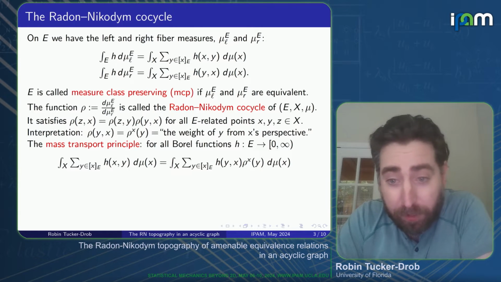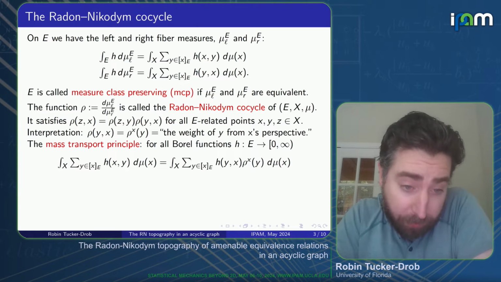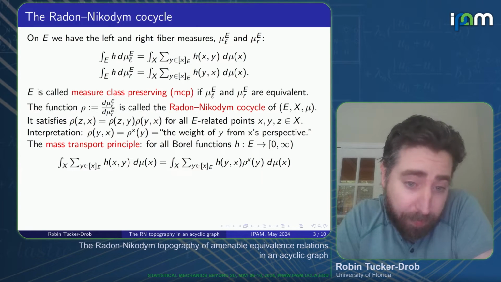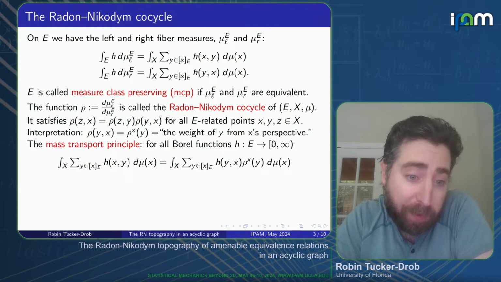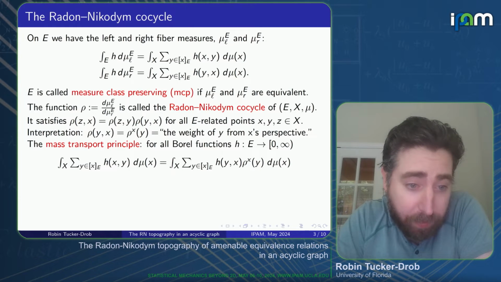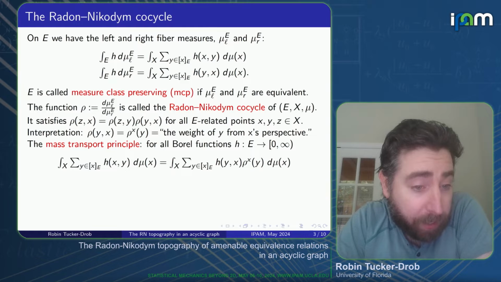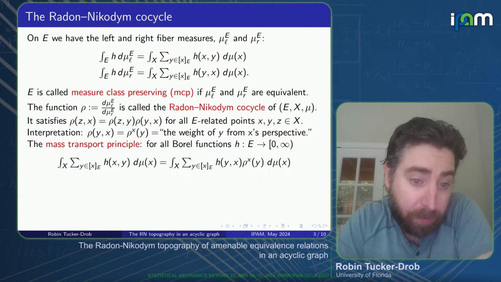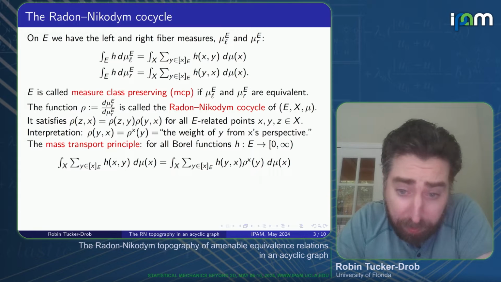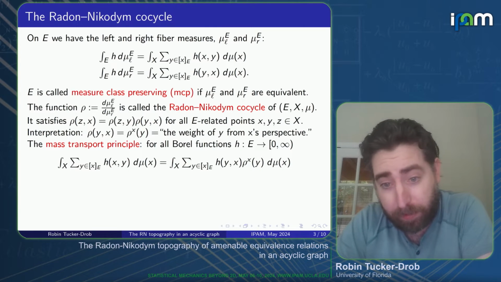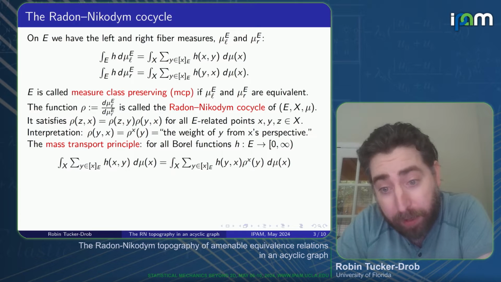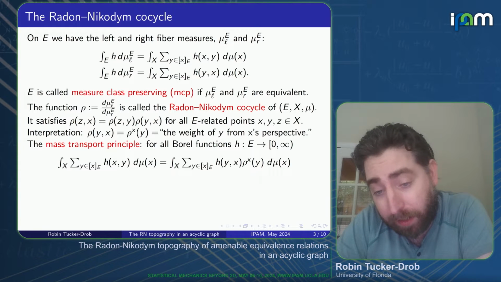And so h of xy is the amount that shipping center x sends shipping center y from shipping center x's perspective. And so the integral on the left is looking at the expected mass sent by a point from its perspective. And on the right, h of yx is the amount of mass received by x, but that was from y's perspective.